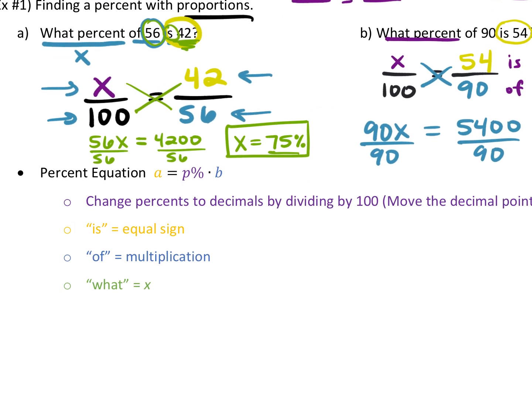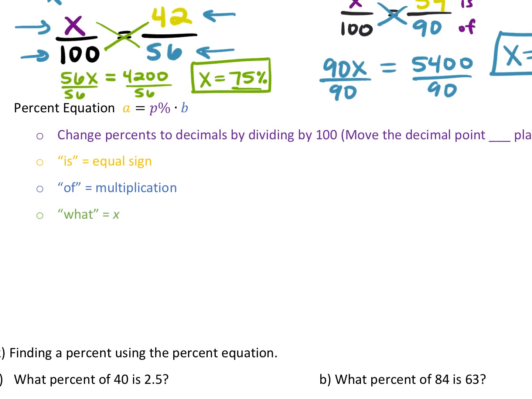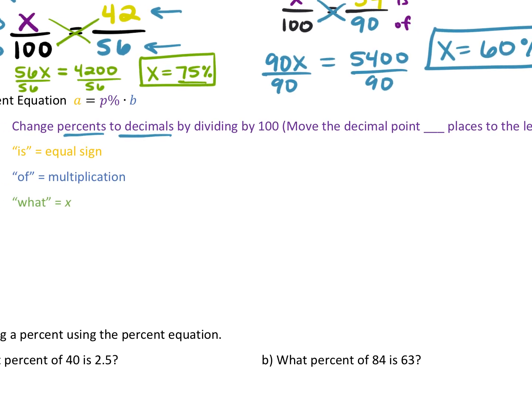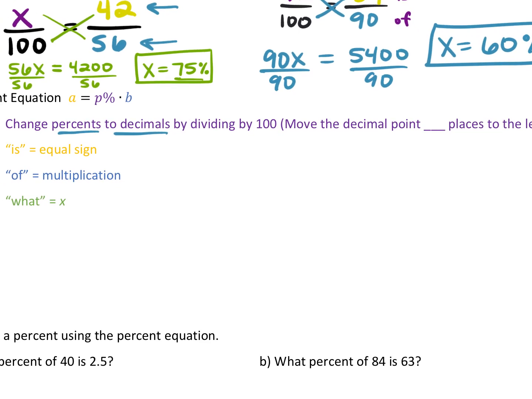So in the percent equation, okay, it looks like this. Again, I kind of have things color coded a little bit. You have to make sure that you change your percents to decimals by dividing by 100, which is the same thing as moving your decimal point 2 places to the left, okay?